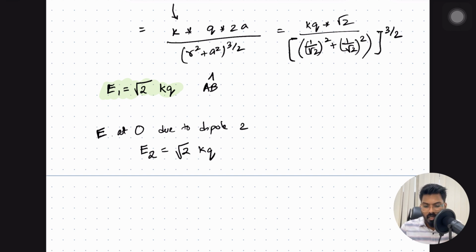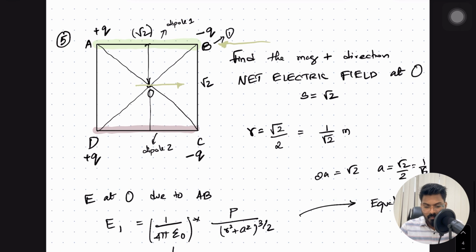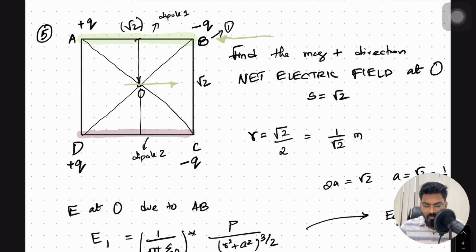But let's look at the direction. The direction of this dipole axis again will be this. And we are looking at the direction of the electric field, which is in this direction, opposite, anti-parallel.